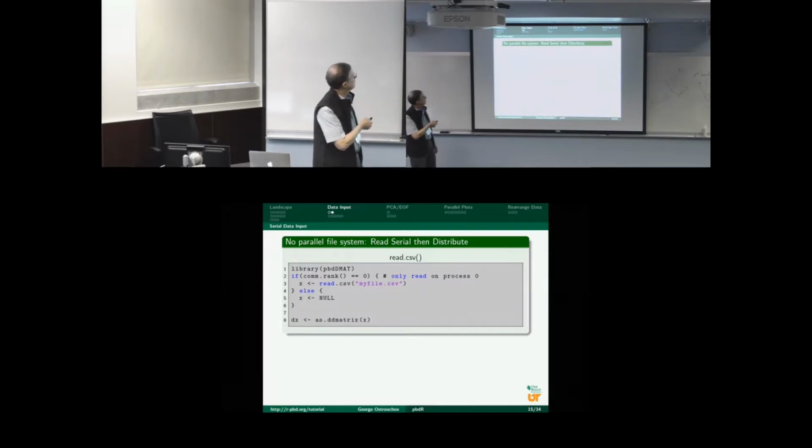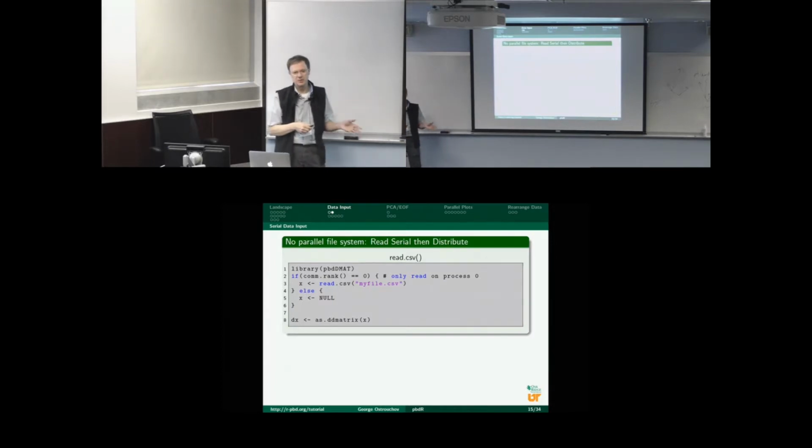So to do this with pbdR, you load pbdDMAT. Here, basically, you ask if you are processor 0, because this is all happening in parallel, by the way. So this code is executed on all the cores.